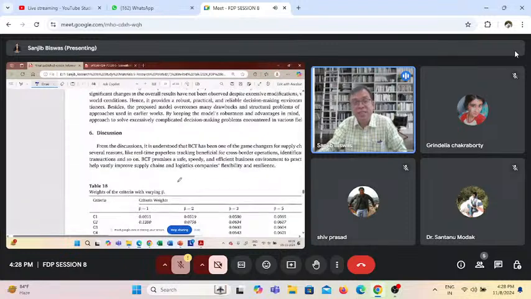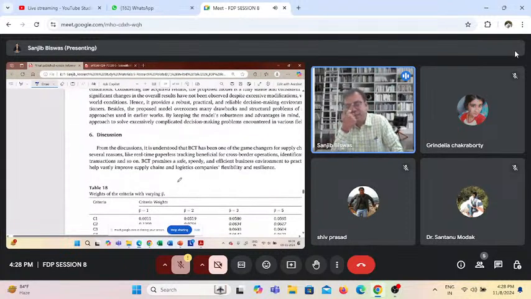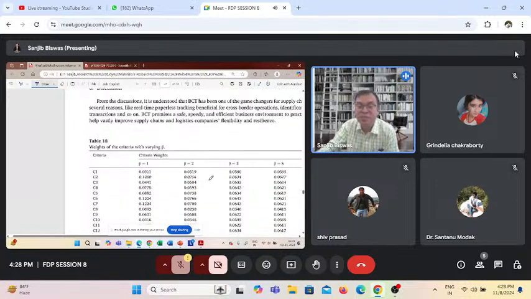And then sensitivity analysis. What is sensitivity analysis? Suppose I change the normalization method, suppose I change the criteria weight, suppose I change the way the decision matrix is formed, or the parameter values. Whether my result gets disturbed or not should be checked, and that is under the purview of sensitivity analysis.